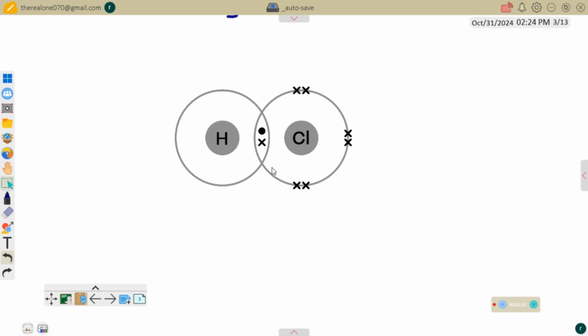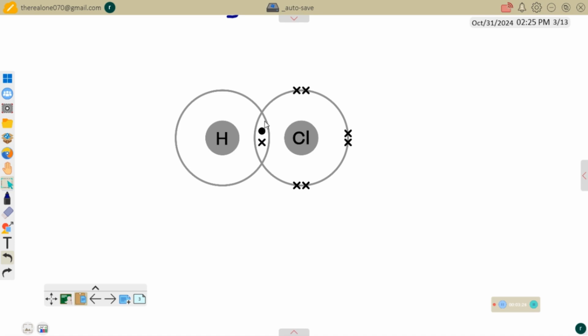Now, hydrogen has 1 electron in its outermost shell, and it needs 1 to obtain the duplet state. While chlorine has 7 electrons in its outermost shell, and it also needs 1 to complete the octet state.